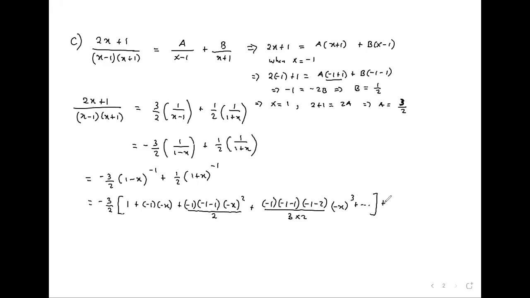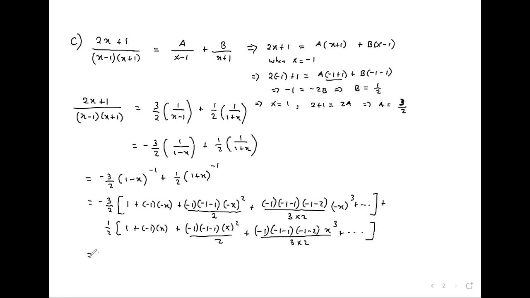Close, go to the other one, plus half, 1 plus negative 1 x plus negative 1 negative 2 x squared over 2 plus negative 1 negative 2 negative 3 x to the power 3 over 3 by 2. Close, meaning negative 3 over 2 and then 1 plus x.